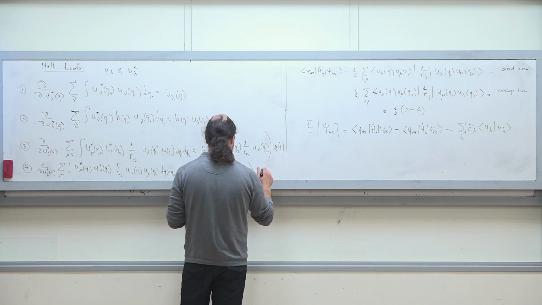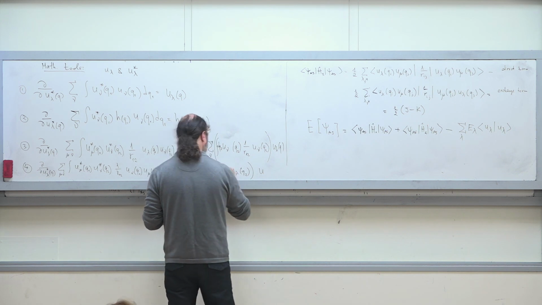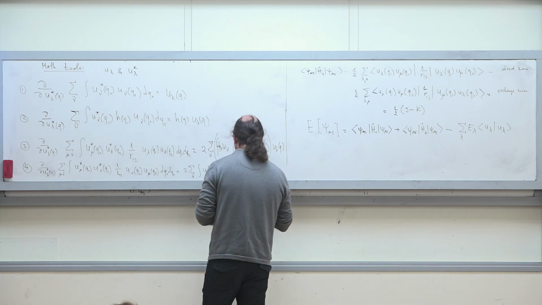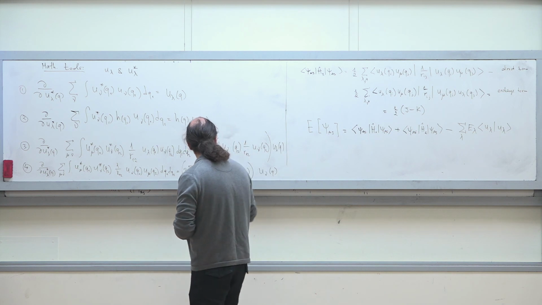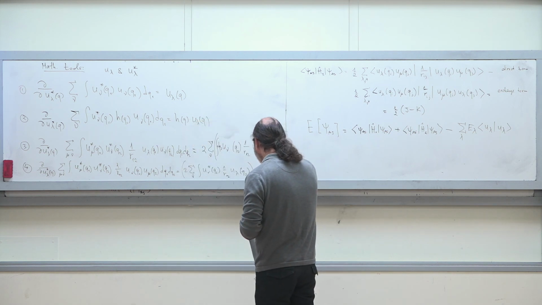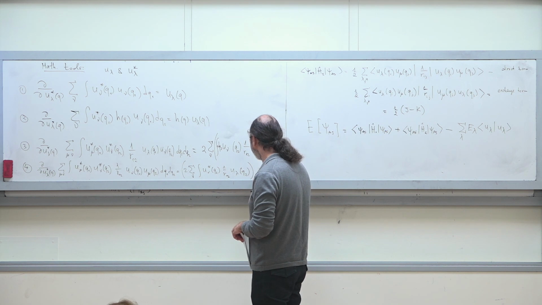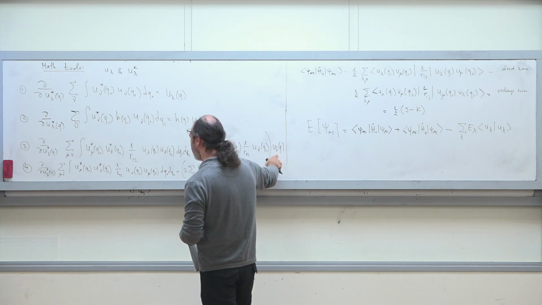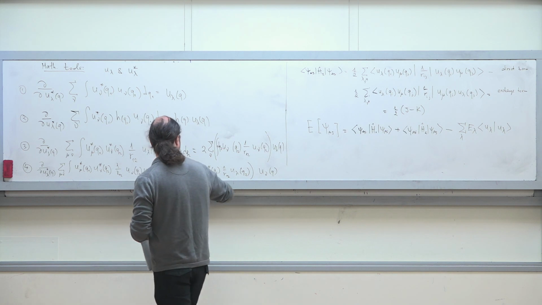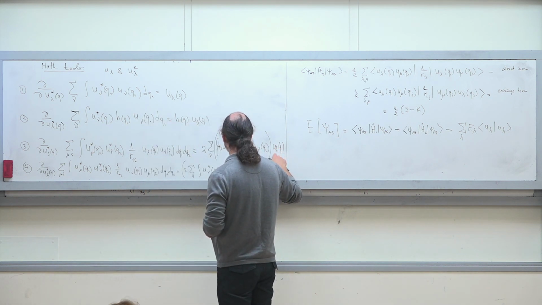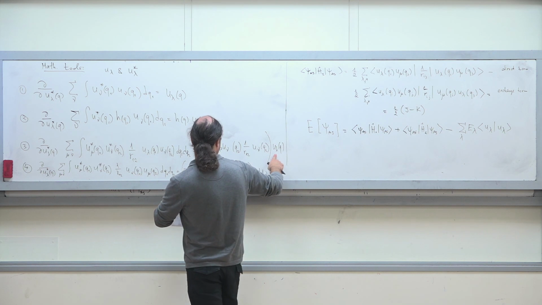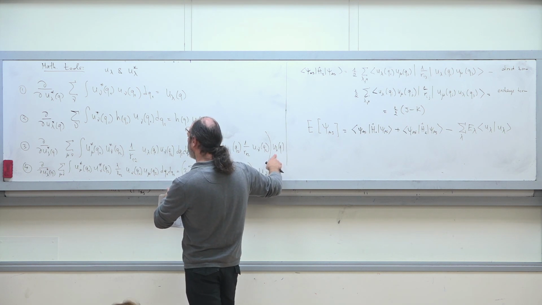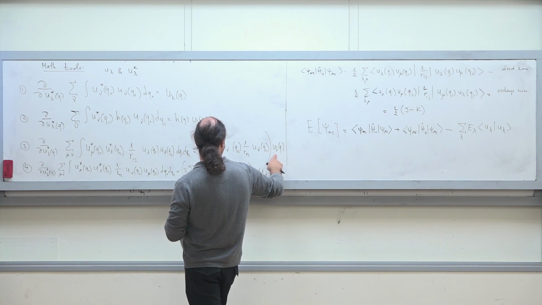On the third row, it's supposed to be not lambda, it should be mu, inside the integral.